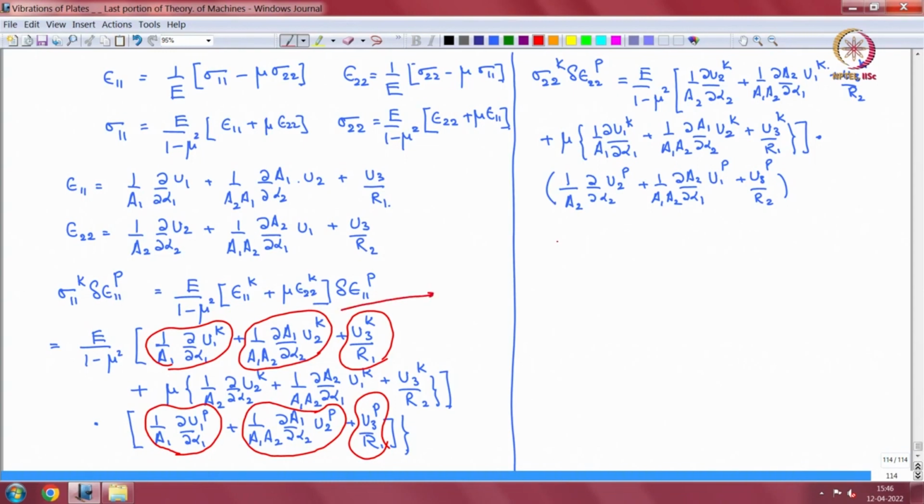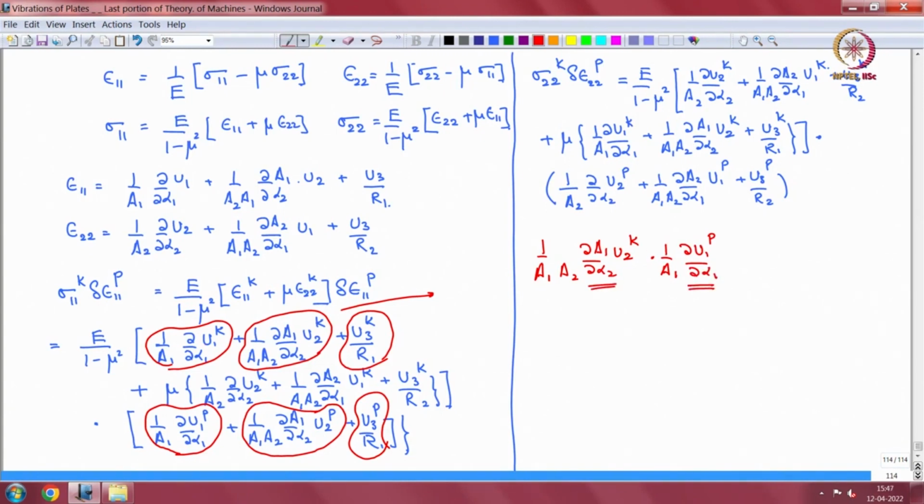So I have 1 over A1 A2 del A1 by del alpha 2 U2k into 1 over A1 del U1p by del alpha 1.